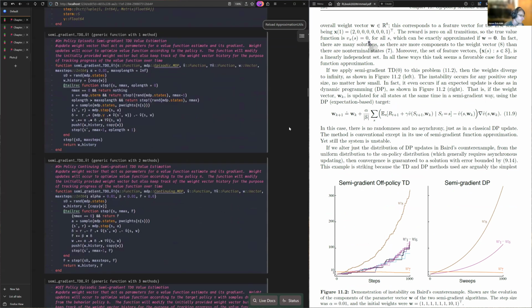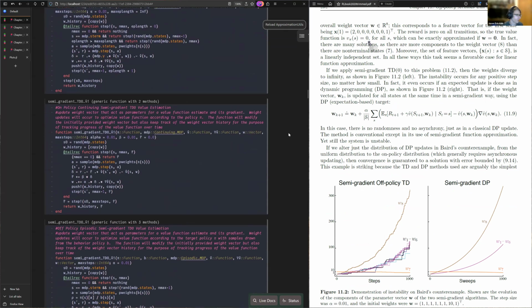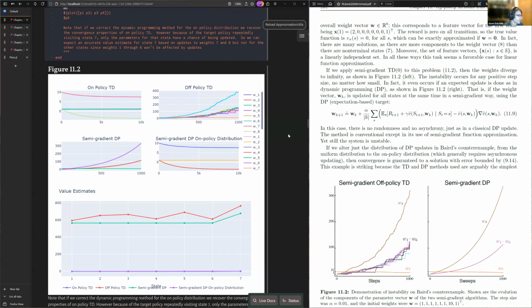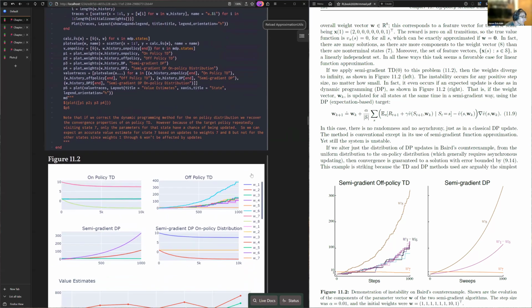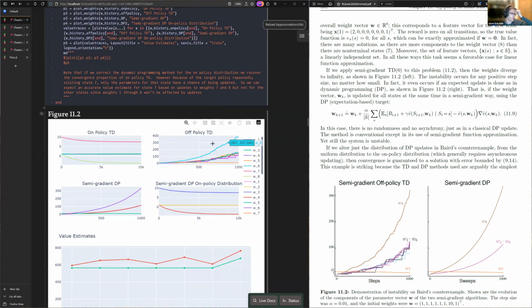But I will show here, this is older code that actually computes this example. The off policy thing is a little more straightforward, because the way you would do this, the way they're showing, is you would just feed in a different behavior policy. And that's what's being done here: this is doing the full dynamic programming update. This is the expected value version of this.